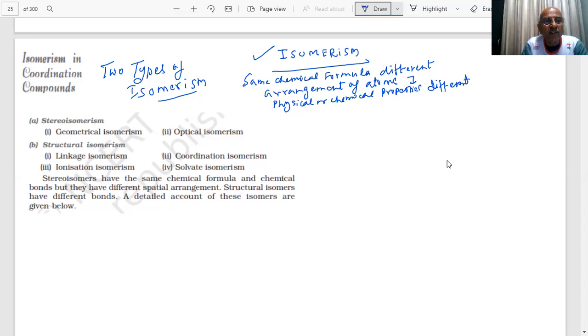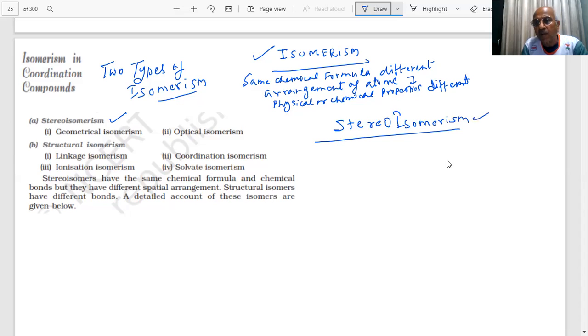One is called stereoisomerism. The other is called structural isomerism. You have seen stereoisomers, student, in organic chemistry.